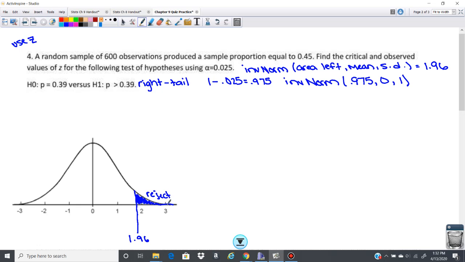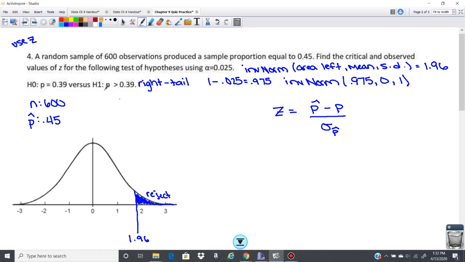Let's go ahead and get the Z value. We have a sample size of 600, and a sample proportion p hat of 0.45. We want the critical and observed values. So what we need to do here for our Z is p hat minus p over the standard deviation of p hat.